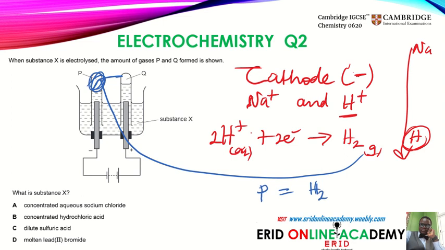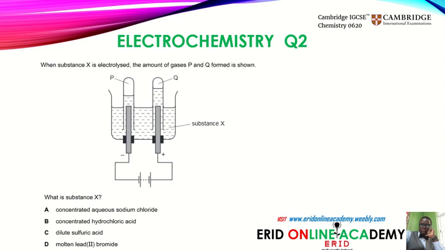Now let's look at the anode, which is the positive electrode. You have your anions migrating to the anode.